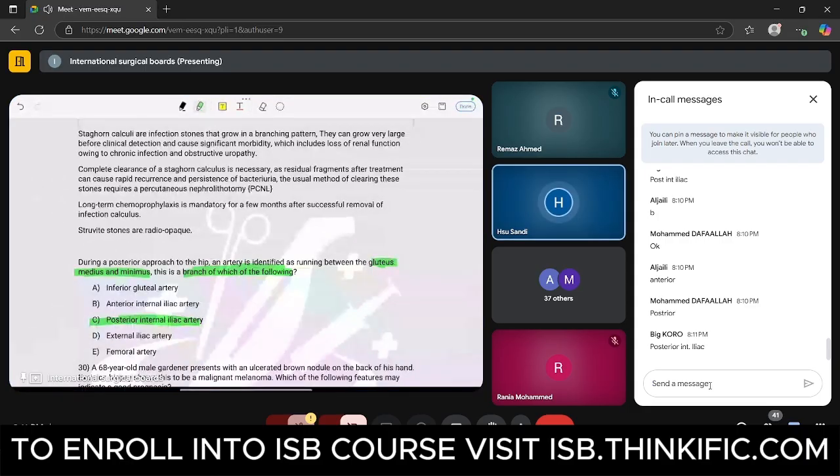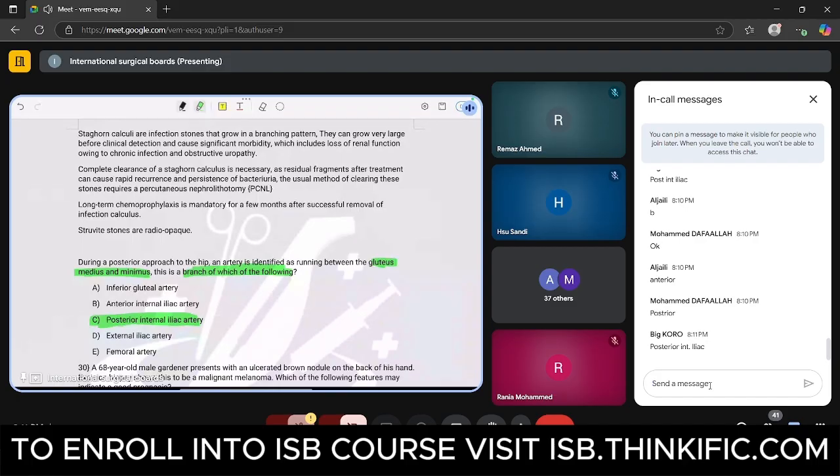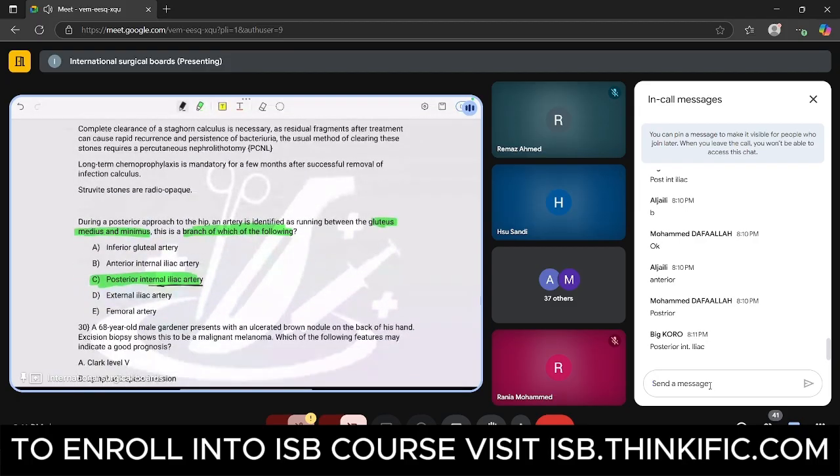Yes, it's the posterior division of the internal iliac artery. Yes. Okay, so it is posterior division. Correct. Let's look at the next one.